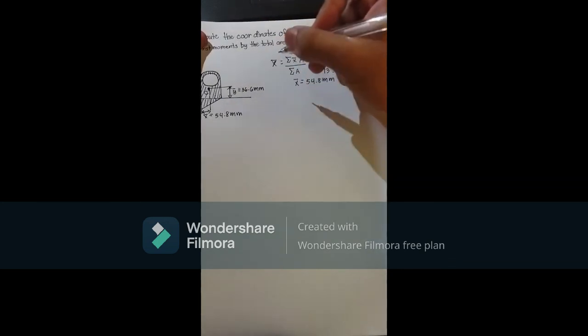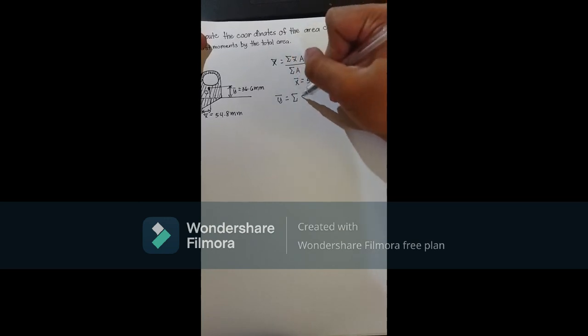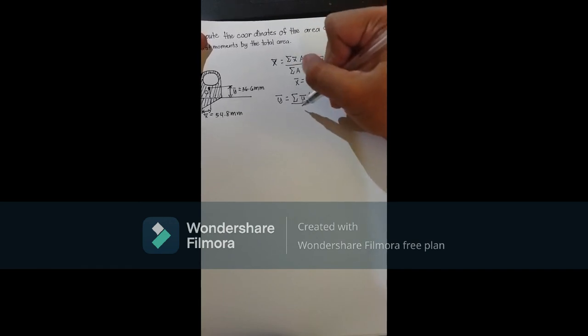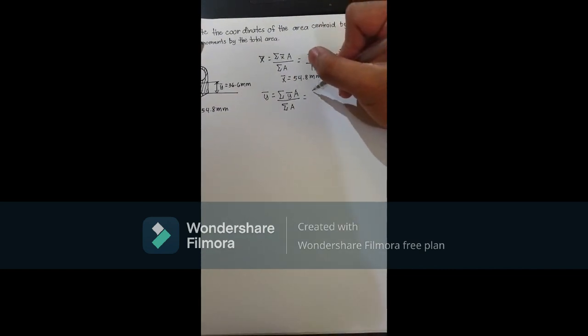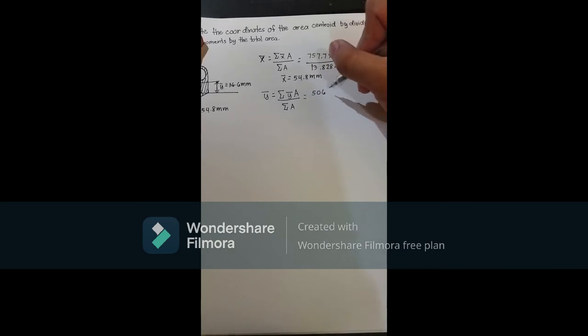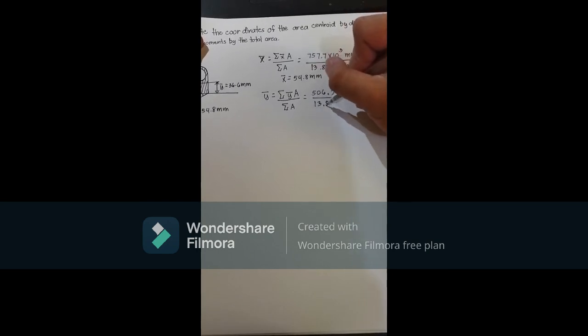And now we're going to solve the mean of y, which is equal to 36.6 millimeters. So again, the same formula: mean of y equals the summation of mean of y times area over the summation of the area A, equal to 506.2 times 10 raised to 3 cubic millimeters over 13.828 times 10 raised to 3 square millimeters.